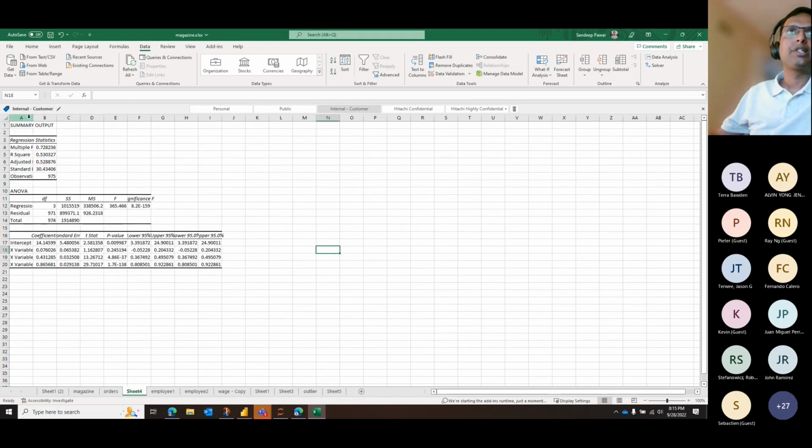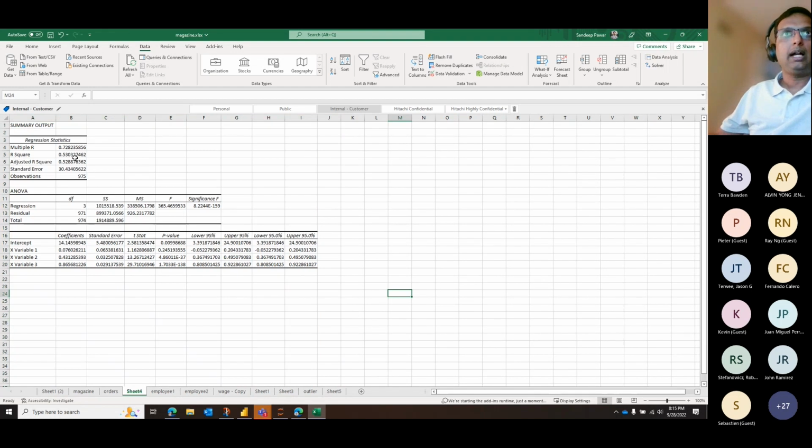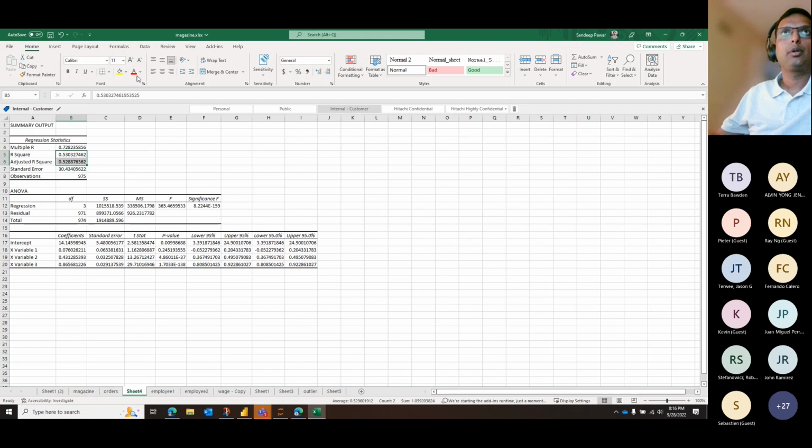So it will give us an output with a bunch of numbers, and let me highlight a few things that I want to draw your attention to. Like this, this, this, this.